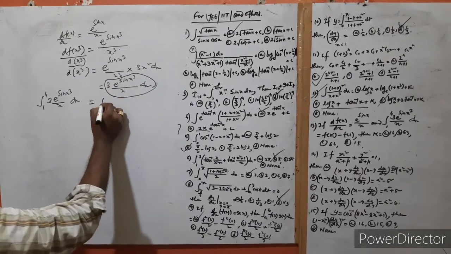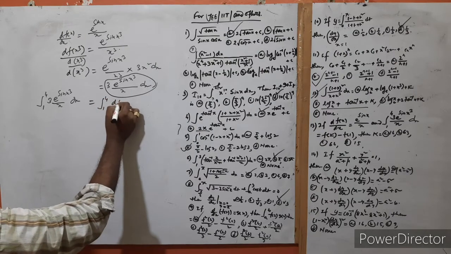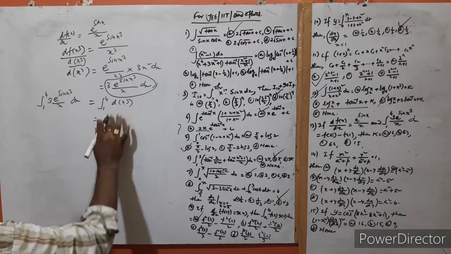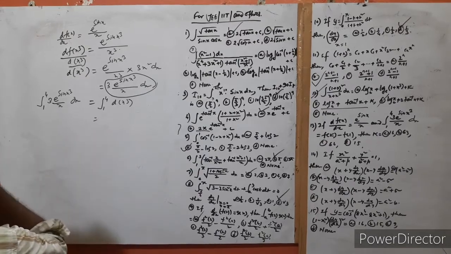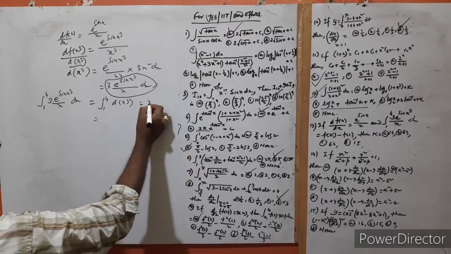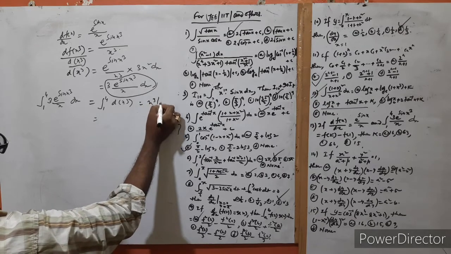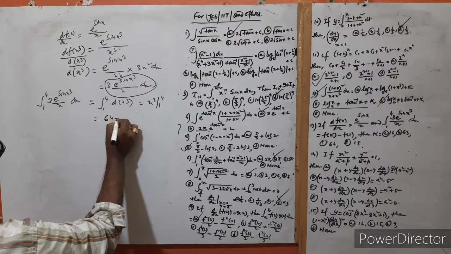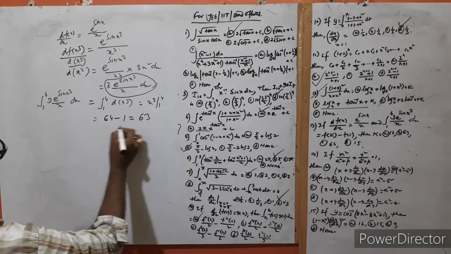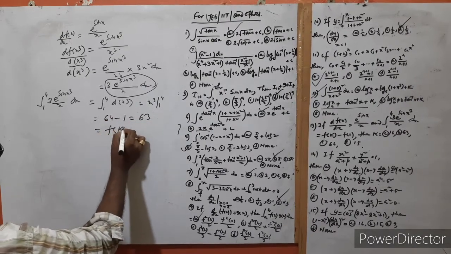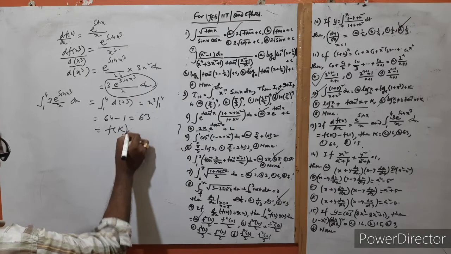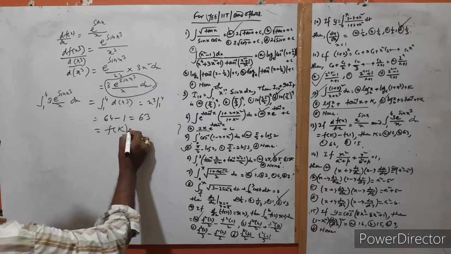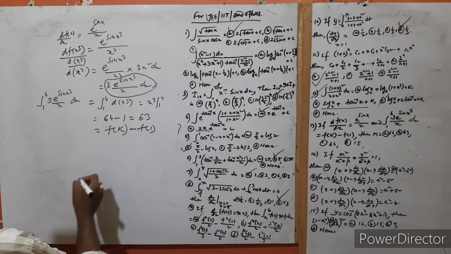So 1 to 4, d of x cube, x cube from 1 to 4, is 64 minus 1, 63, and it is given that f of k minus f of 1.